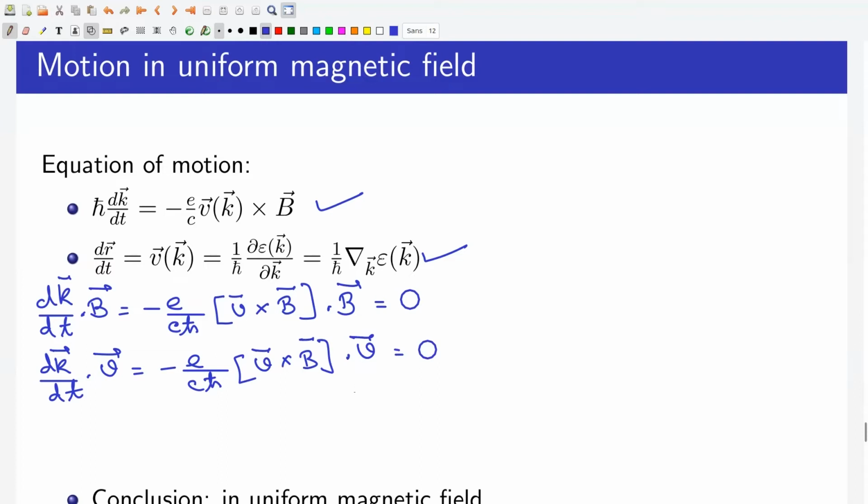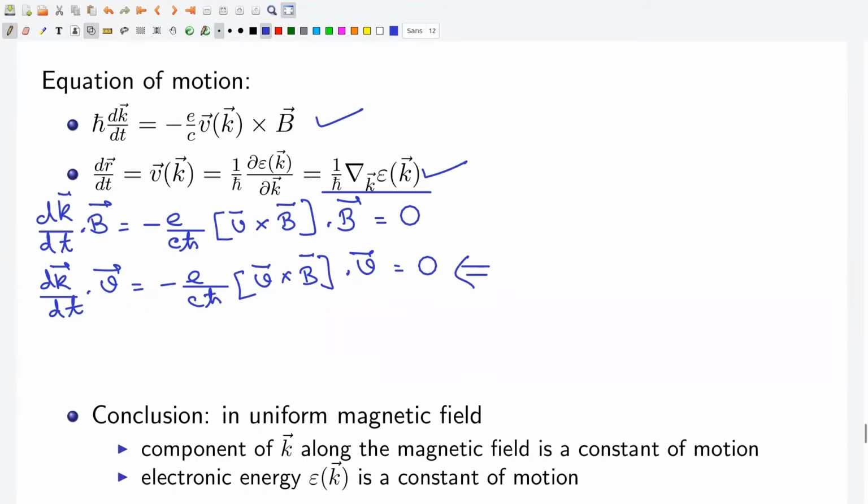Since v is gradient of energy, this equation implies that energy is also a constant of motion. In conclusion, in a uniform magnetic field, component of K along the magnetic field is a constant of motion and electronic energy is a constant of motion.